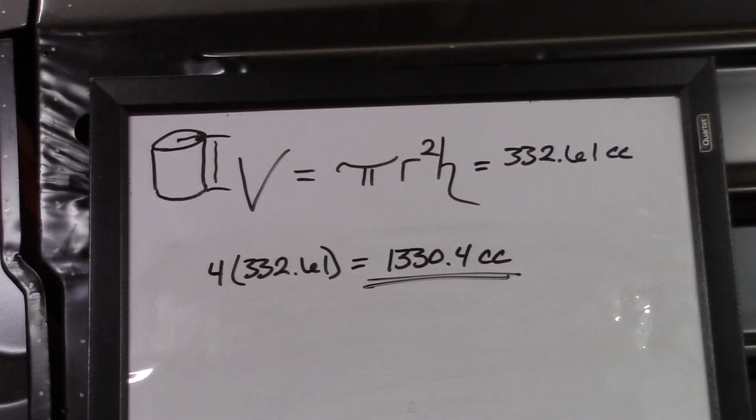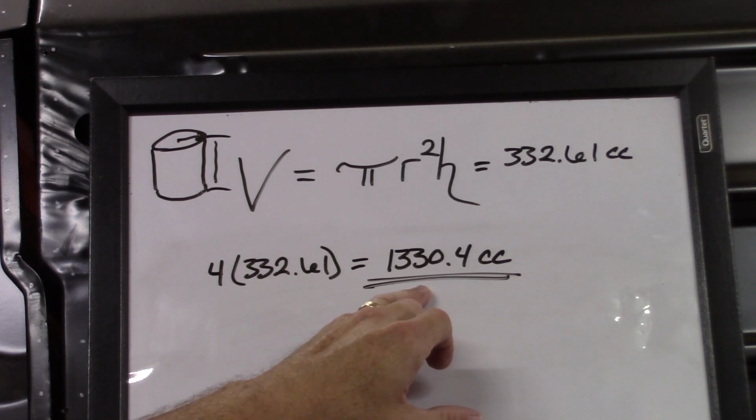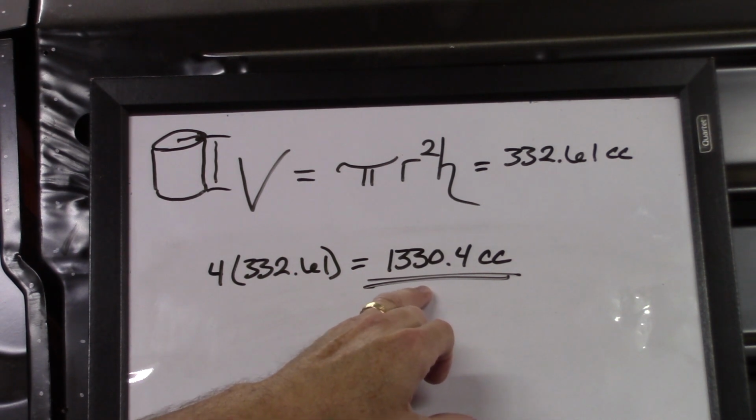All right, so we have just confirmed that my engine is actually plus 0.06. With simple math, I have just calculated my engine size, and I just proved that indeed it's a 1330 engine with 0.06 oversized pistons in it.